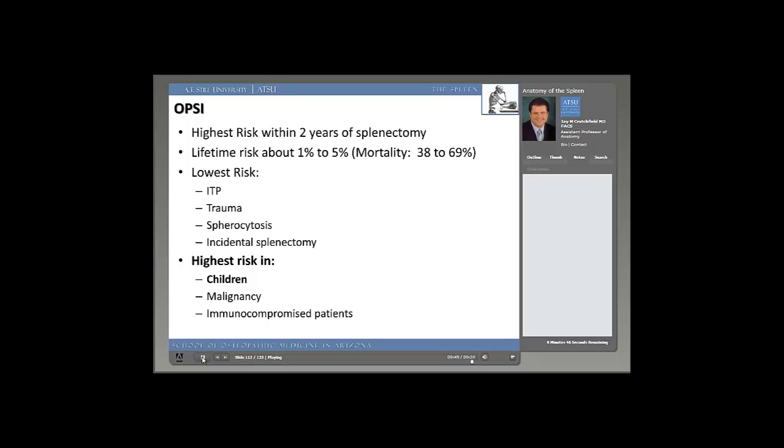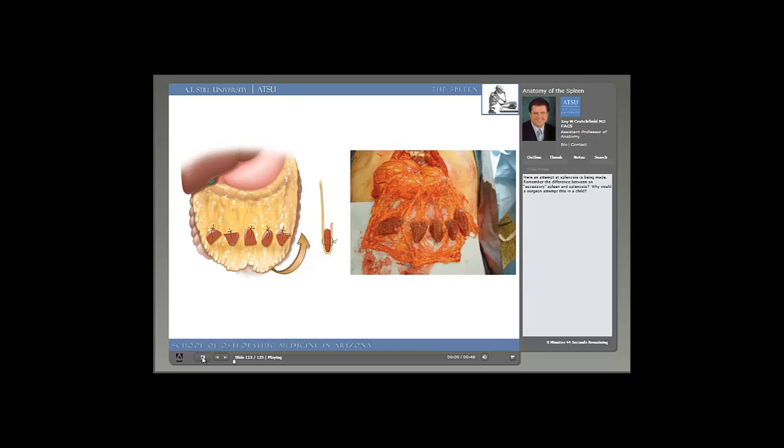Here's a patient where the surgeon is attempting to create splenosis. They've removed the spleen, chopped it into rather large pieces, and sewn it into the omentum. I suspect that because of the large pieces of spleen that this surgeon has used, these spleen segments won't develop a blood supply in time for this patient to develop splenosis.